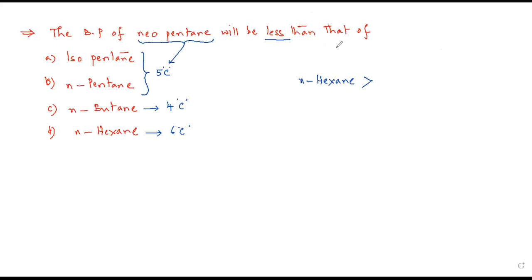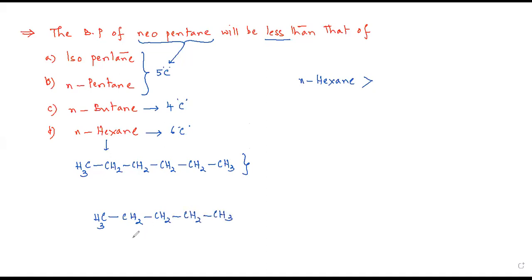Let me give you the structure. N-hexane is CH3, CH2, CH2, CH2, CH2, CH2. Then coming to N-pentane, isopentane, and neopentane. So this is N-pentane.